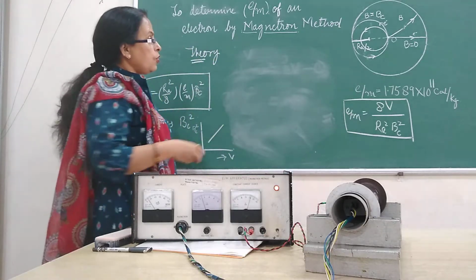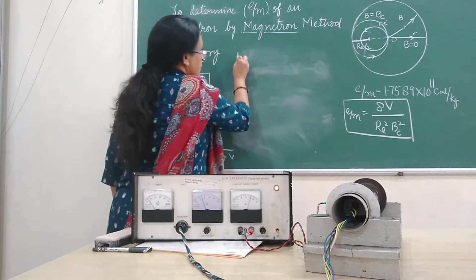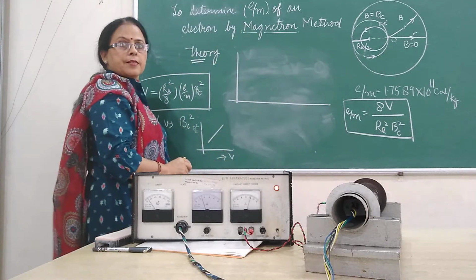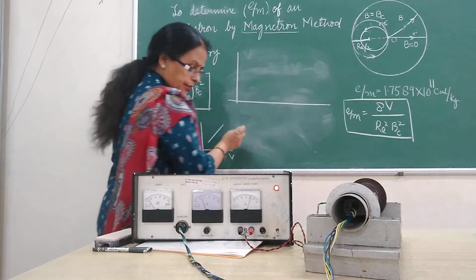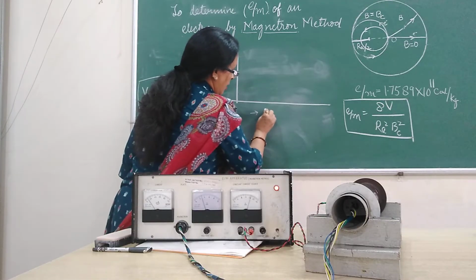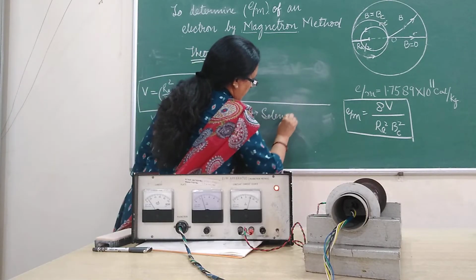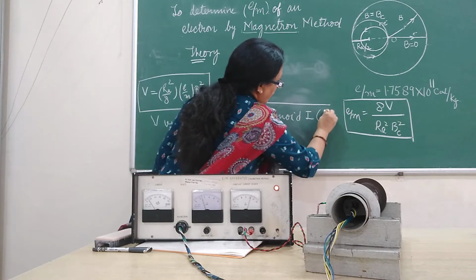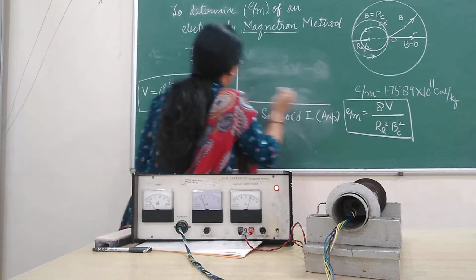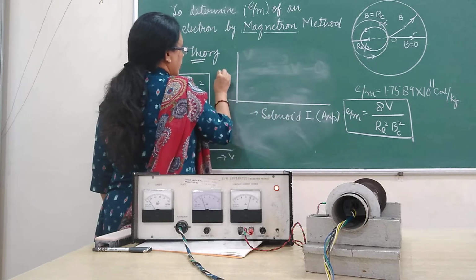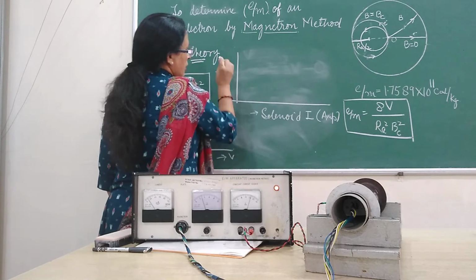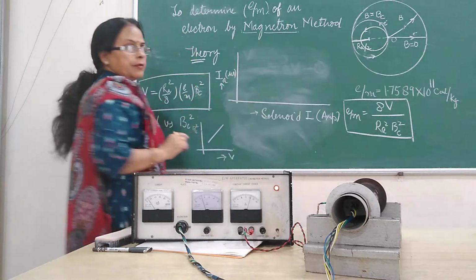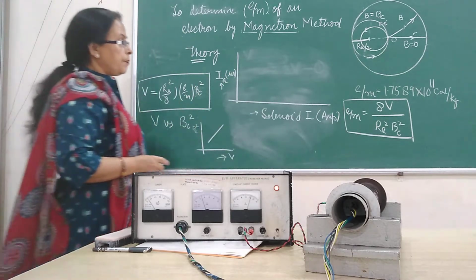Okay. So when we get it for one value, suppose this is the graph, and here I have the solenoid current, which is in terms of amperes, and here is the anode current, which may be in terms of microamperes or milliamperes, very small.